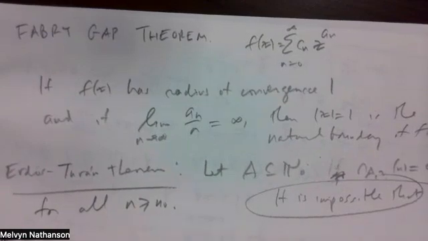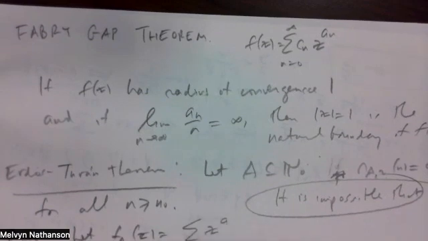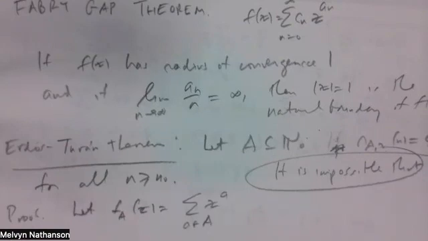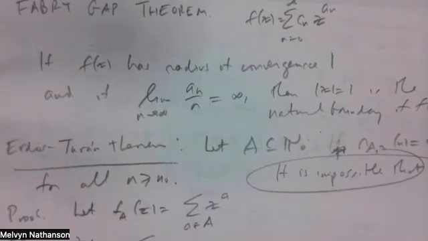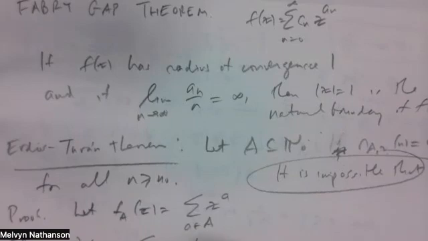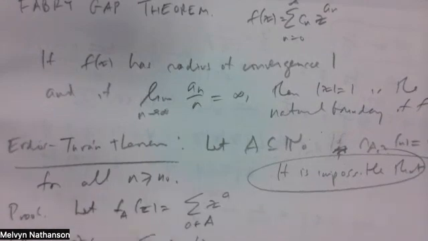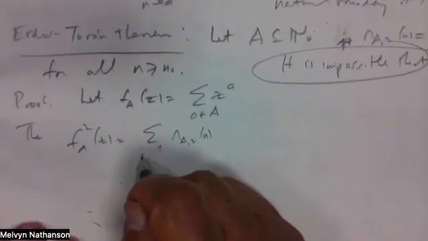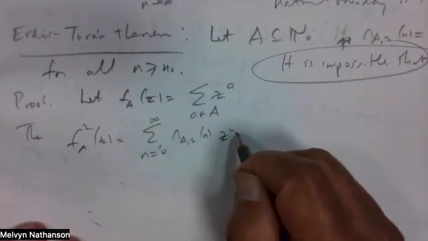Okay, and the Erdős-Turán proof goes as follows: let f_A of z be the generating function of the sequence A. Then f_A squared of z is the summation, n goes from 0 to infinity, of R_A2 of n, z to the n.